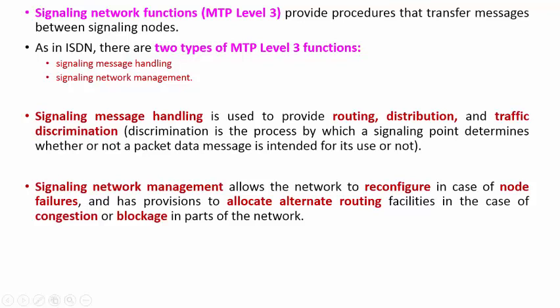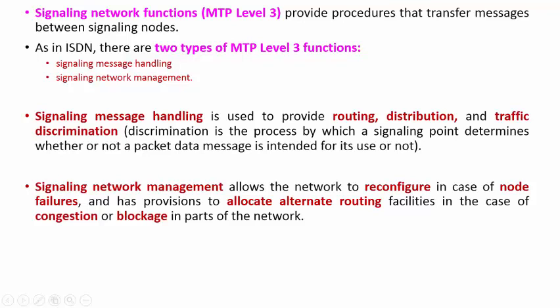Here signaling message handling is used to provide packet routing, distribution and traffic discrimination. Discrimination is the process by which the signaling point determines whether or not a packet data message is intended for its use.